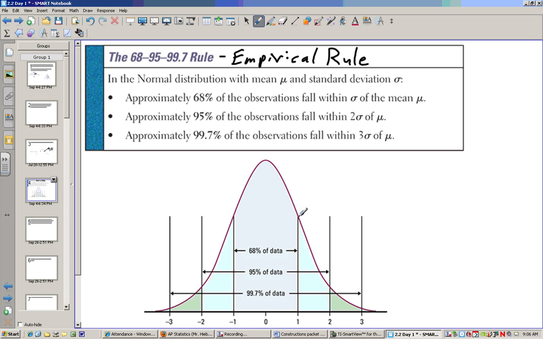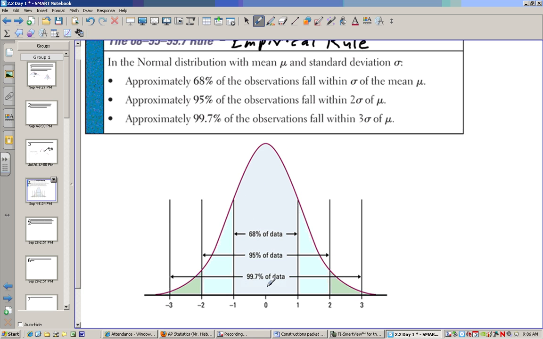So one standard deviation up and one standard deviation down covers 68% of all the data. 95% of the data, the middle 95%, is two standard deviations up and two standard deviations below the mean. So 99.7%, or pretty much 100% of the data, falls within 3 standard deviations of the mean.